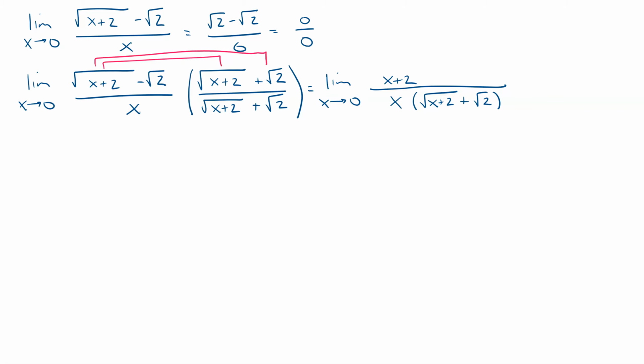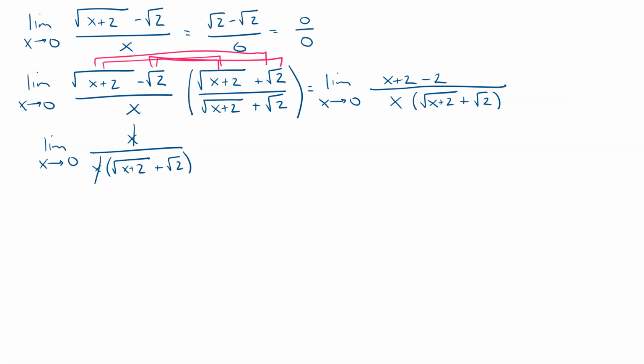My outer and inner terms are going to cancel away, as they always should, and then my last terms give me a minus 2. So simplifying the function and rewriting the limit, I get the limit as x goes to 0 of x over x times rad x plus 2 plus rad 2.